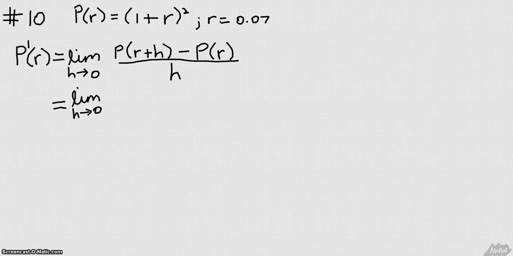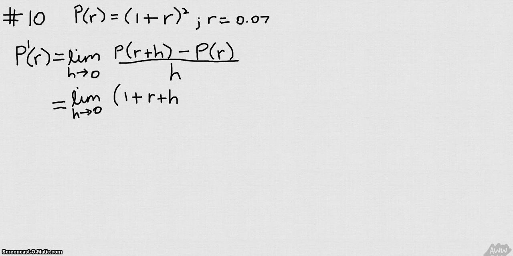Remember, p of something basically means take that something, whatever it is, put it in your original function in place of the original input value, which becomes 1 plus r plus h.